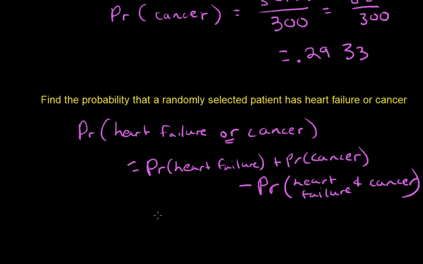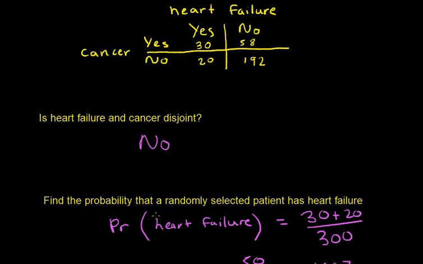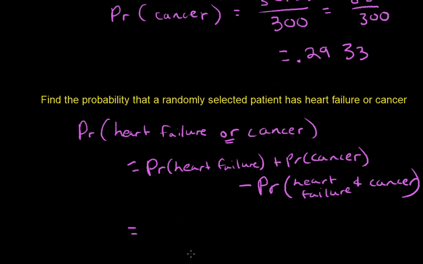We've already found the probability of heart failure. Going back to the table, yes to heart failure is 30 plus 20. Let me circle those using red. So that's 30 plus 20 divided by 300, since there are 300 in the sample.